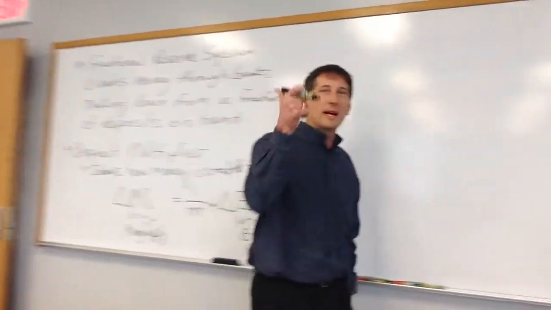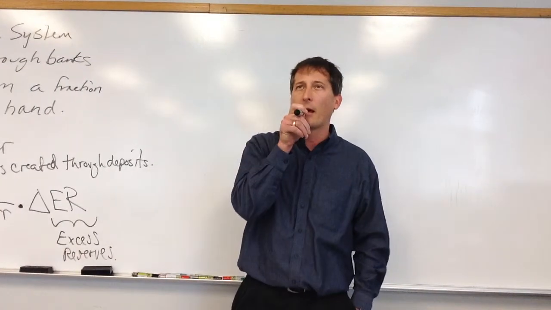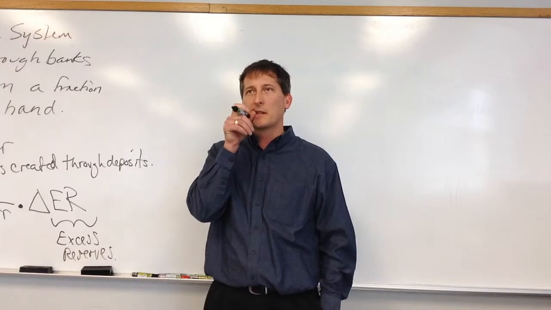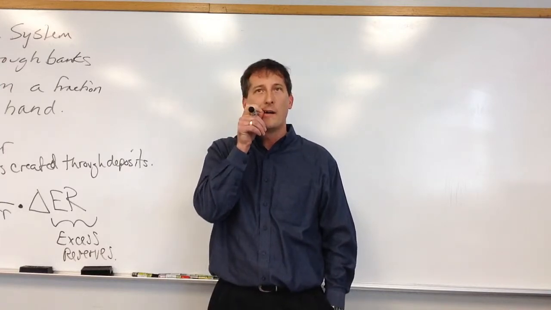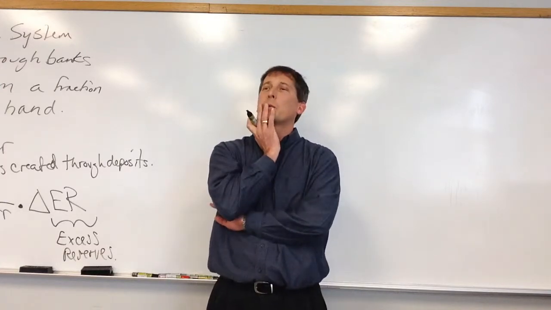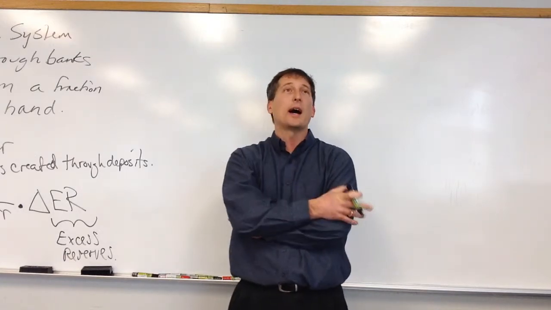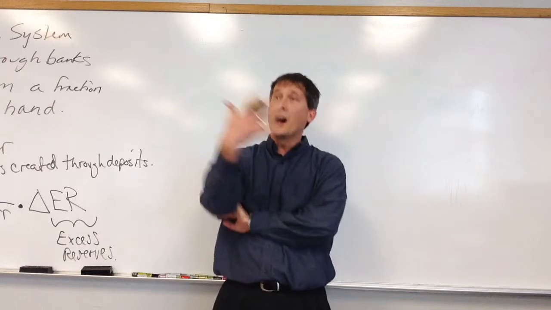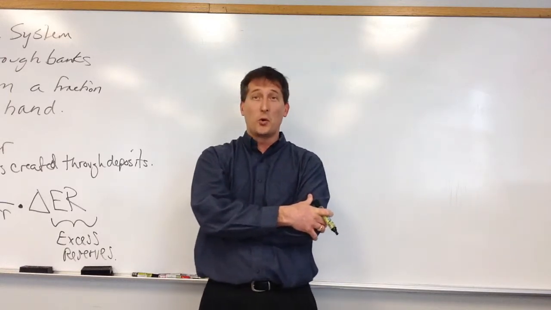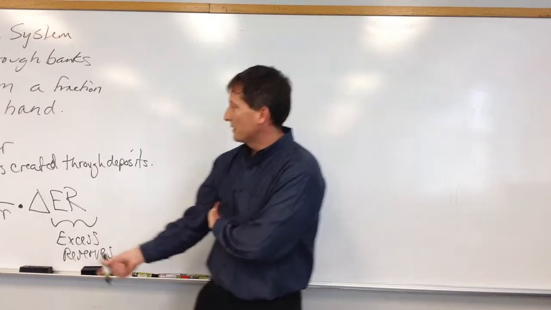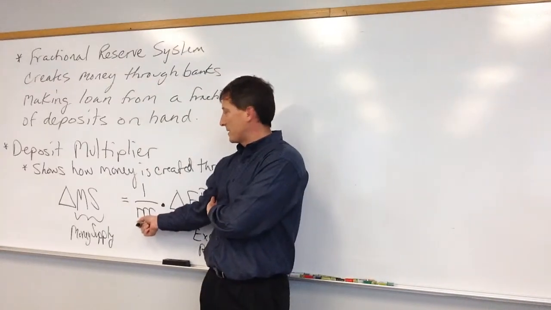Okay, so what were excess reserves again? What you have in deposits beyond your required reservation. Okay, good, yeah. What you have in deposits beyond what you're required to hold back according to the Federal Reserve laws. So what you're required to hold back is this ratio.